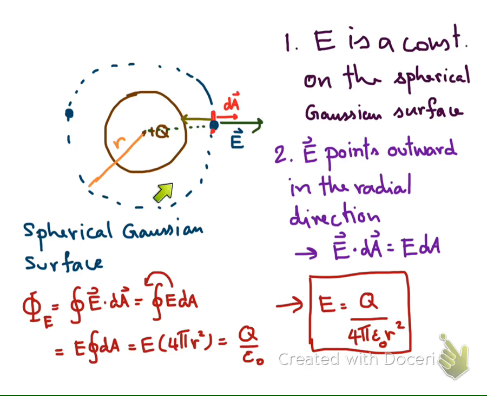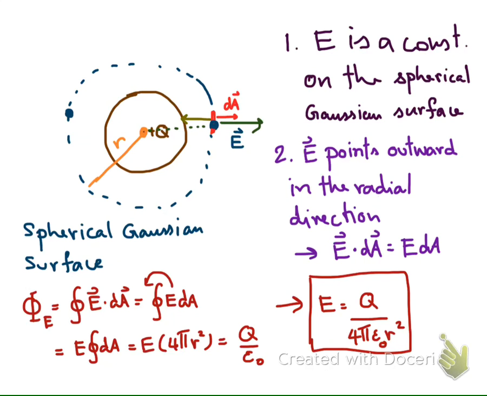So it means that if you have a charge uniformly distributed on a sphere, at any point outside the sphere, the electric field is equal to the electric field of a point charge, if we have all the charge, I mean, if that point charge is centered at the sphere and has a charge equal to the net charge of the sphere.